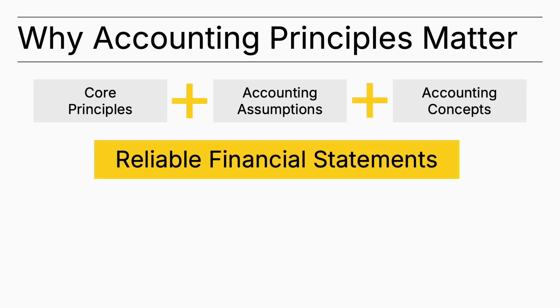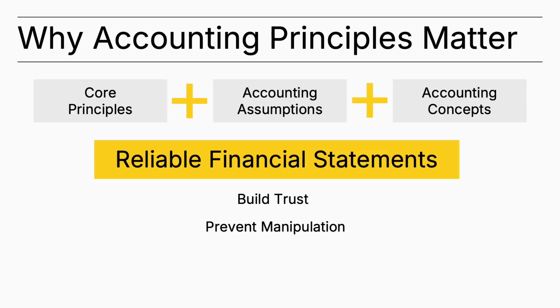These three combined help create reliable financial statements. Without these principles and concepts, financial statements could easily become misleading or impossible to compare. Together, they help businesses produce financial information that investors, banks, governments, and managers can trust.